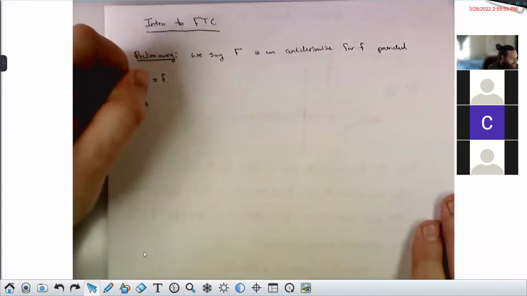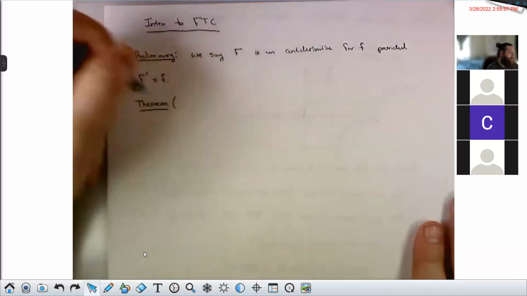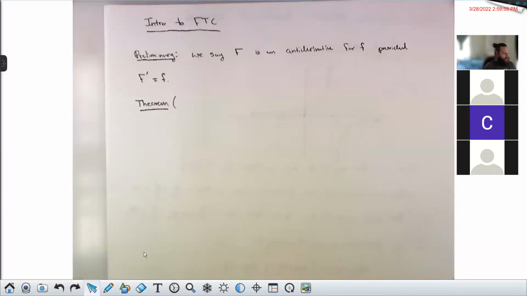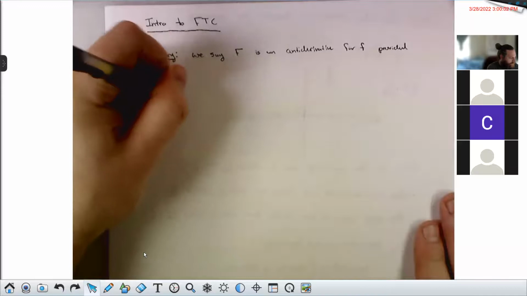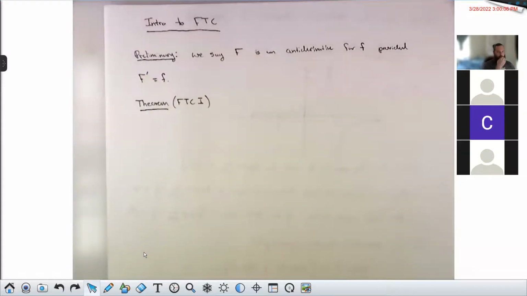And then here comes the theorem. FTC is split into two parts. So there's FTC1, Fundamental Theorem of Calculus, Part 1.